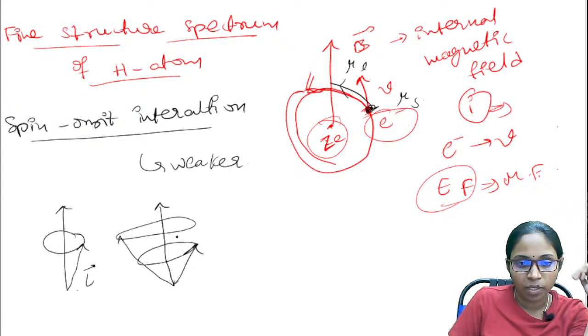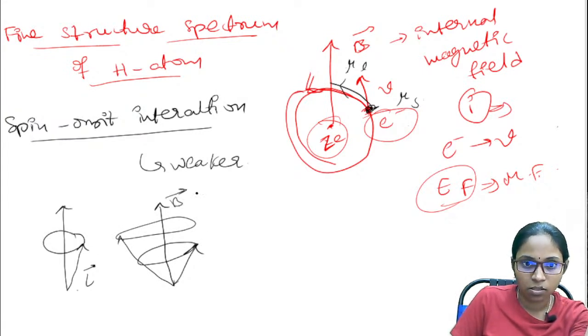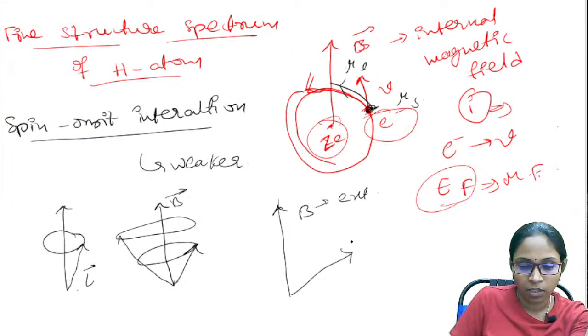If you place the atom in an external magnetic field, then this J bar will be oriented in this direction.